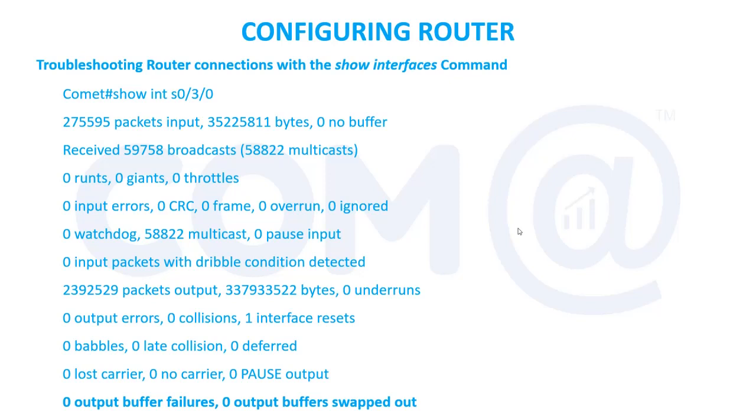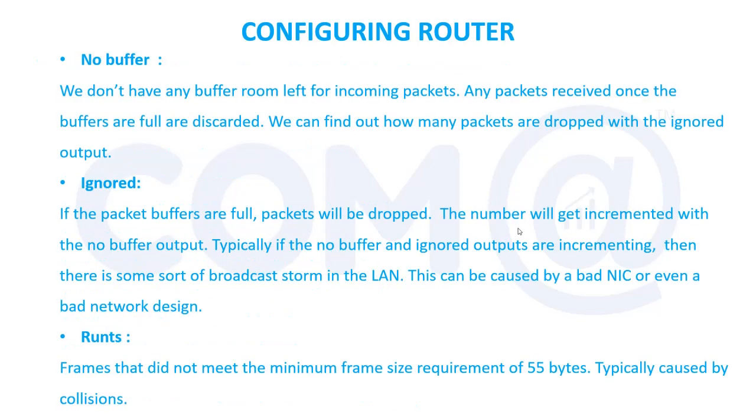The important parameters are input errors, frame overrun, or multicasting. These are valid inputs on which you can base finding the reason for slowness or an issue. This interface command helps you find the basic failure reasons.